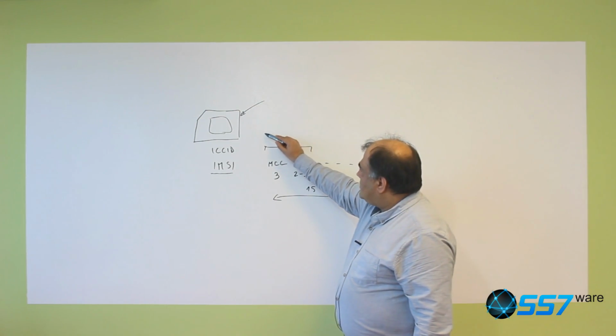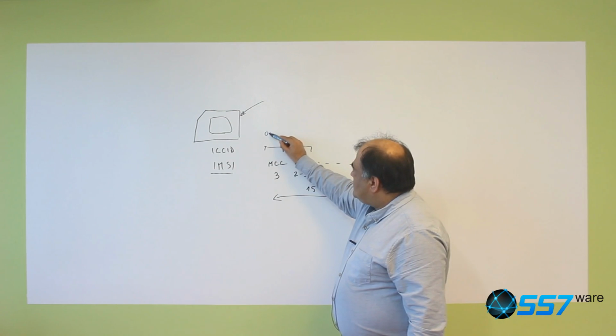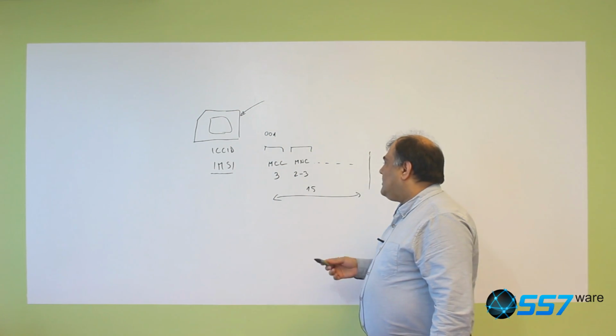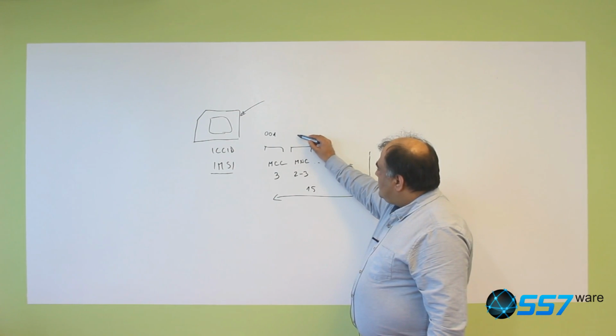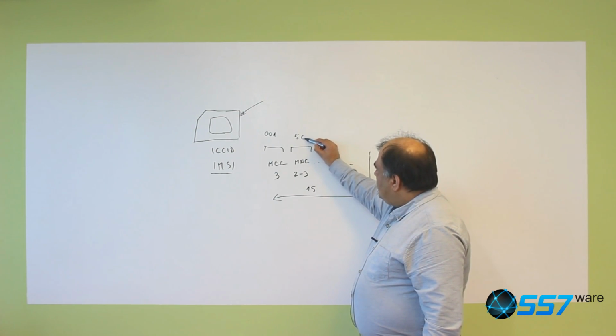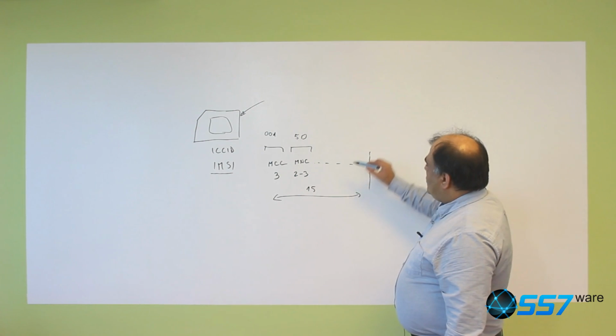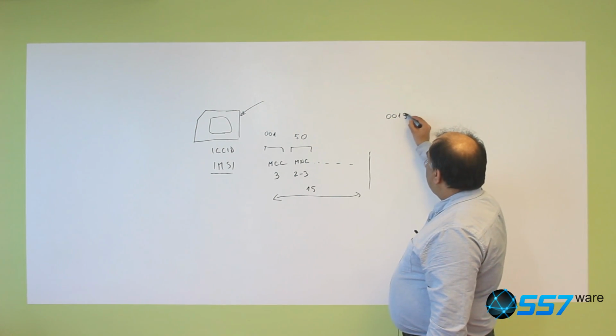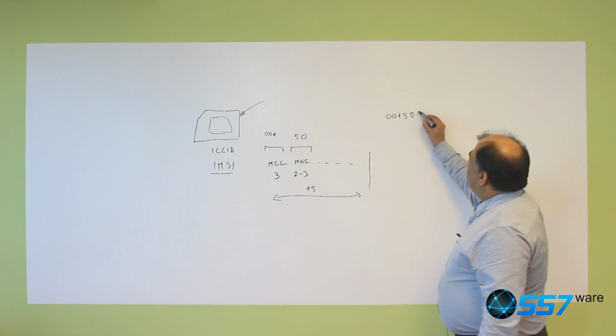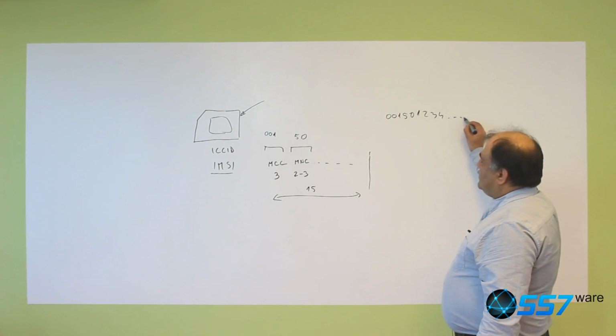So let's say if MCC is 001, which happens to be a test country, then let's say somebody assigns an MNC of 50. So all IMSIs will start with 00150, 1, 2, 3, 4, and so on.